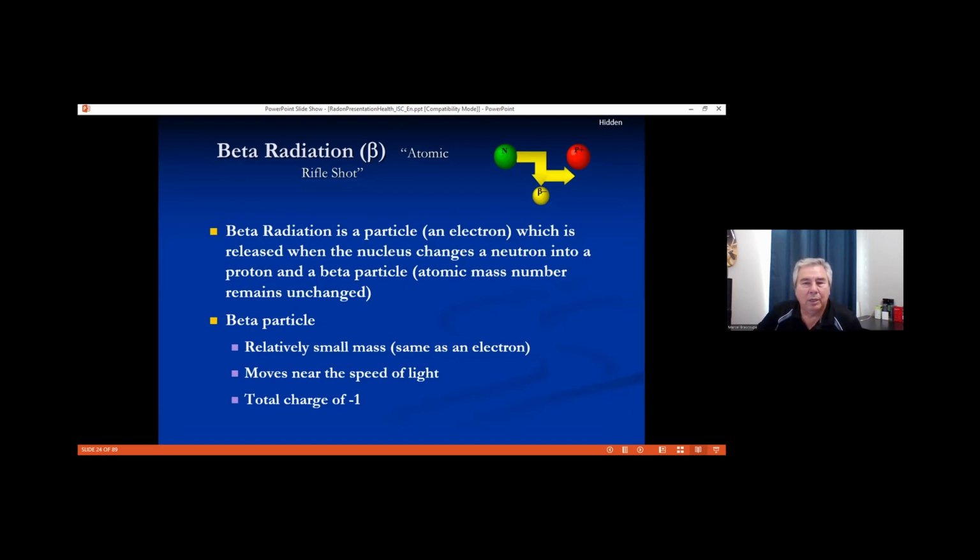So those are beta particles, very small, will travel much faster because they're very, very small, and essentially move near the speed of light. And when it hits something, it'll go deeper. It's like an atomic rifle shot, small and goes deep.